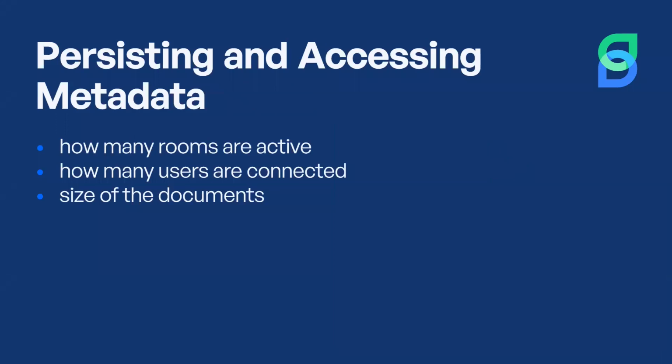Right now, we have a way of establishing WebSocket connections between users and a way to persist room state to save users' work between collaboration sessions. However, the developers don't have any good way of seeing how many rooms are active, how many users are connected at any given time, or the size of a given room. We wanted to give the developers visibility into these metrics.